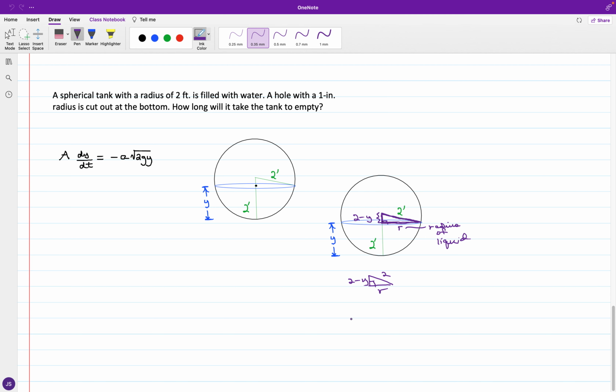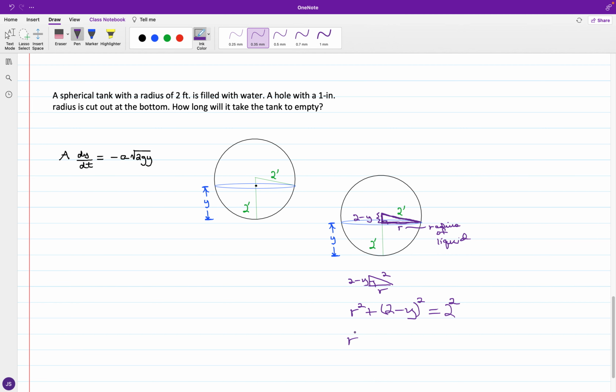So looking at the Pythagorean equation, we have the square of the radius plus the square of 2 minus y is equal to the square of the hypotenuse, being the radius of the spherical tank.